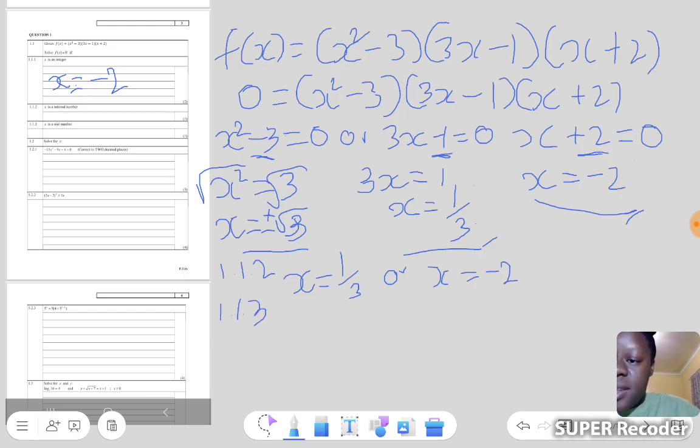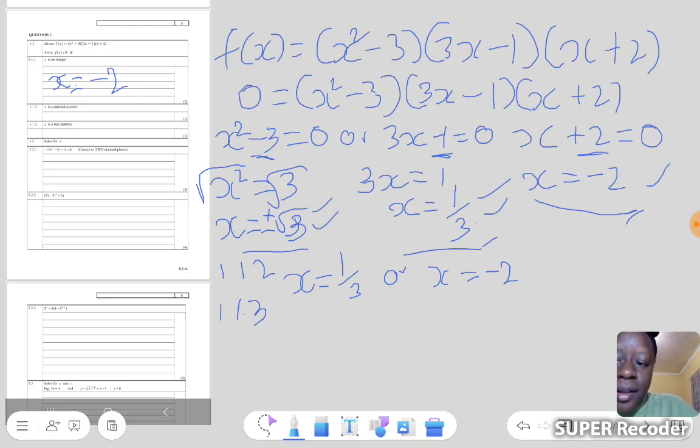1.1.3, it states that when x is a real number, it is any number that is found in the number line, meaning that this one also falls in the real numbers, also these two.